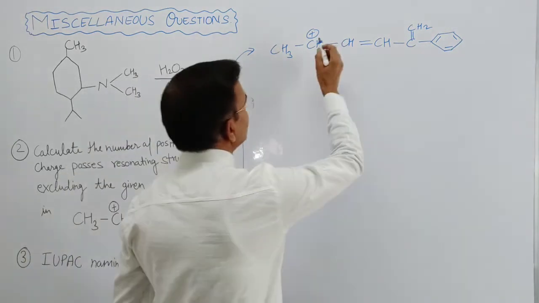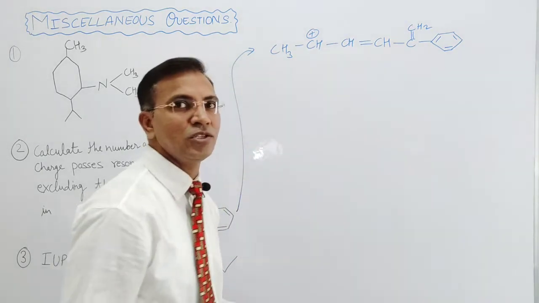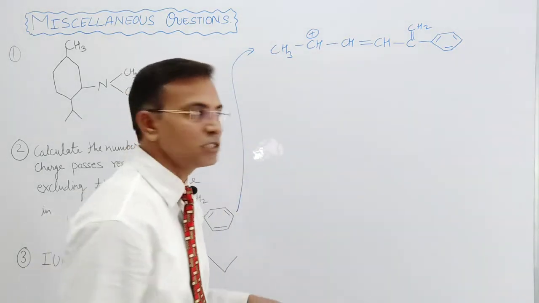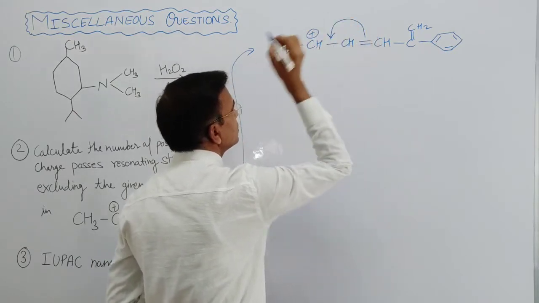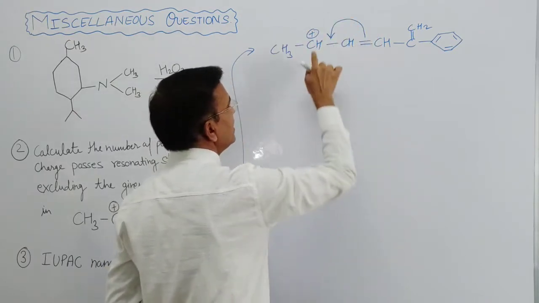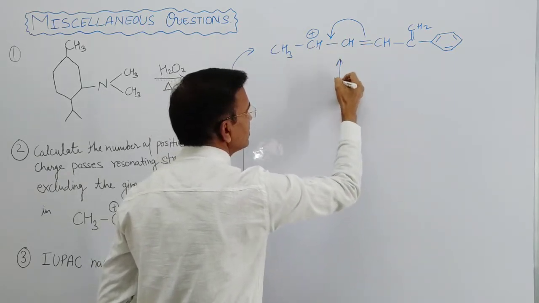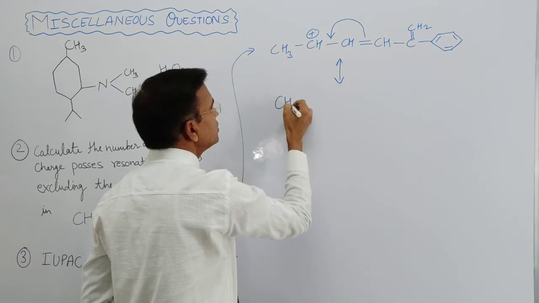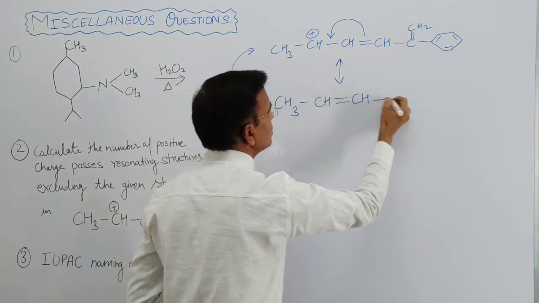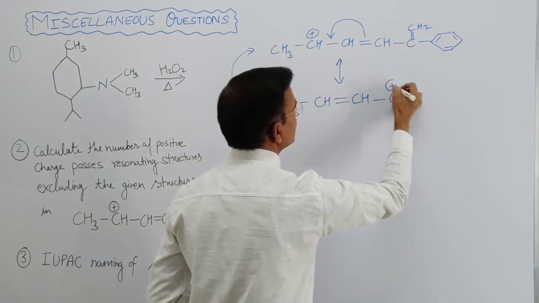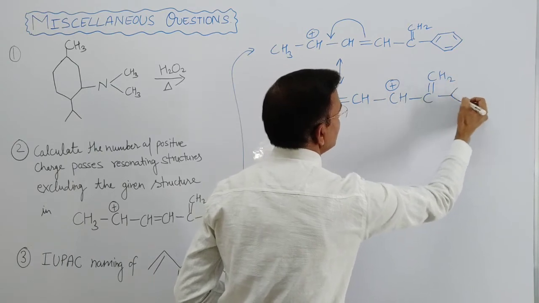Now in this, positive charge, sigma bond and double bond, the conjugation is there. So the delocalization of pi electrons takes place. Here these pi electrons are attracted toward this side, and the positive charge comes on this carbon. So the next resonating structure will be CH3, CH double bond CH, single bond CH, positive charge this time, C double bond CH2, and the benzene ring is there.